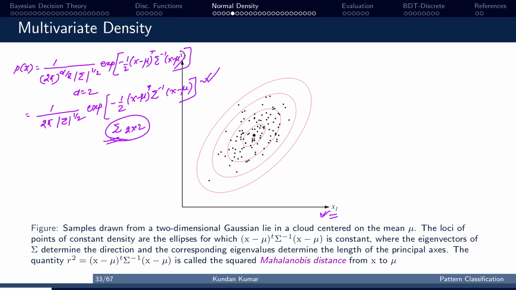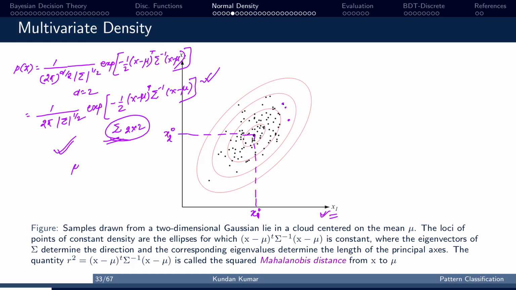So these black dots are basically generated using the Gaussian distribution following this equation, where it has some mean value. Suppose this is x0, x10, and x20.